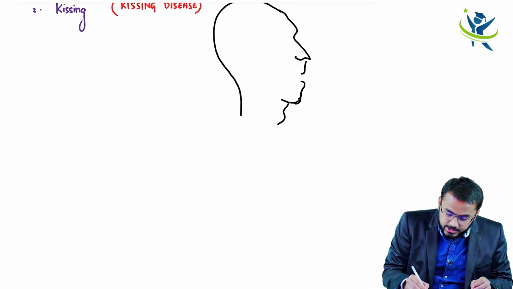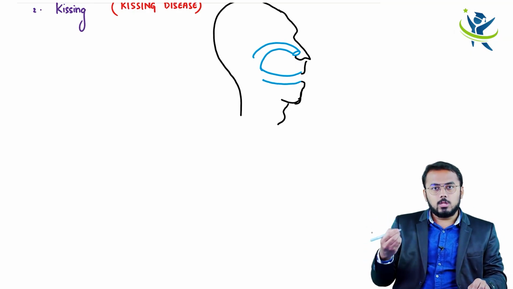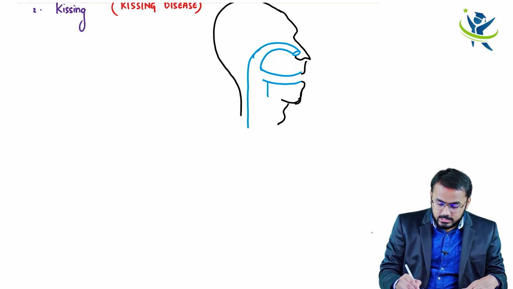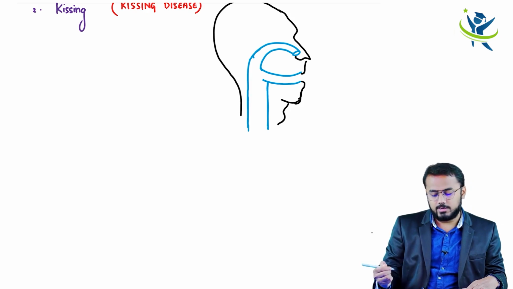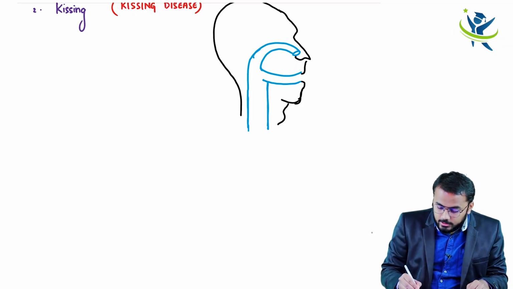Now you know that the patient basically has his beautiful nasopharynx, as well as his oropharynx. And all of you also know that the nasopharynx and the oropharynx join together to form what? Laryngopharynx. So intentionally I am drawing the laryngopharynx a little bit large so that I can draw some cells over here.